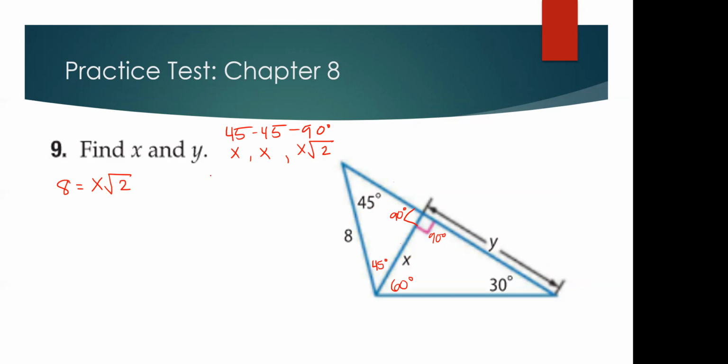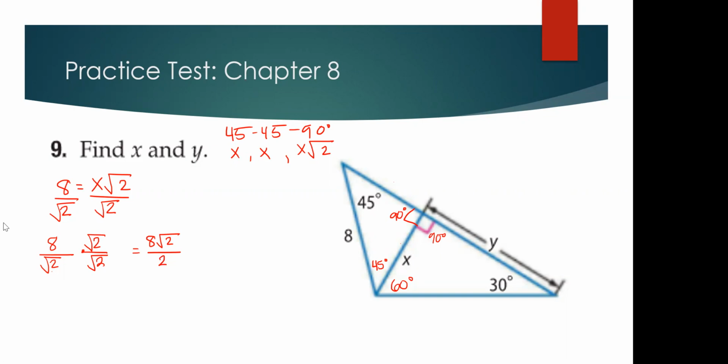Okay, so what we would do here is divide both sides by the square root of 2 to isolate x. Okay, so we've got 8 over the square root of 2, and you're going to multiply by the square root of 2 over the square root of 2, and you end up with 8 times the square root of 2 over the square root of 2 times the square root of 2, which is the square root of 4, which is 2.